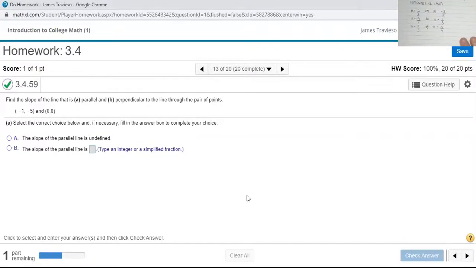All right, so this problem gives you 2 points: -1, -5, and 0, 0. The first thing it asks you is, what is the slope of the parallel lines? Well, if I want to find the slope of the parallel lines, the first thing I have to do is find what that slope is. That's always going to be my first step.